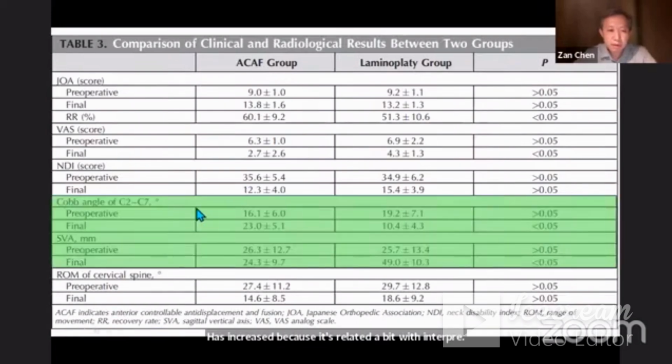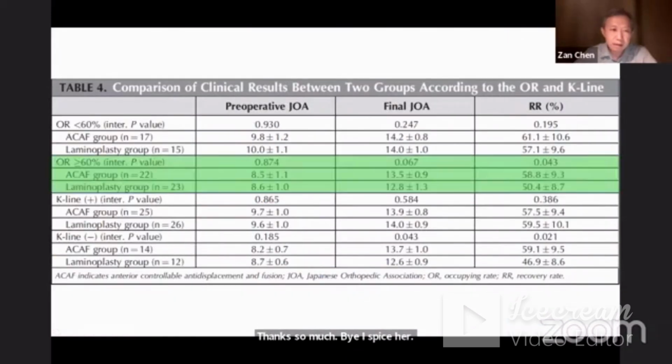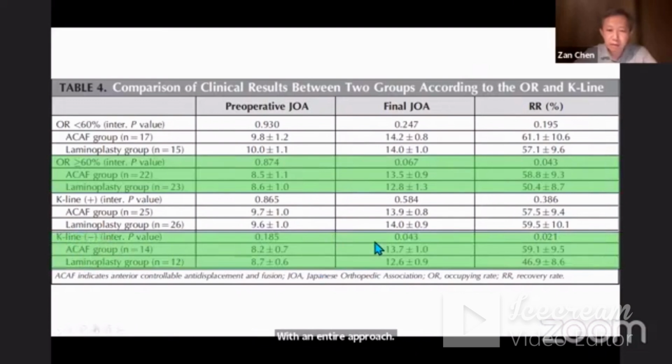Also the curve of the cervical spine is much better with the anterior approach ACAF, and SVA is better with an anterior approach. And if the K-line is negative, with ACAF we will get a better result.